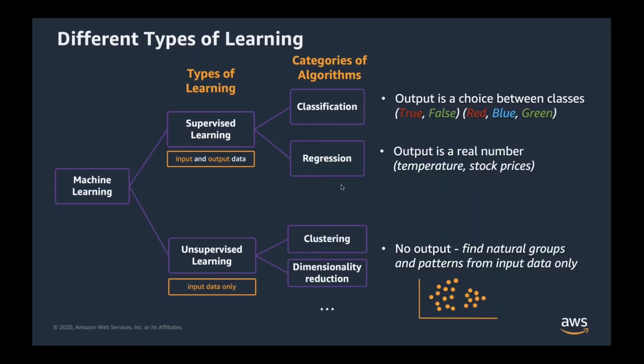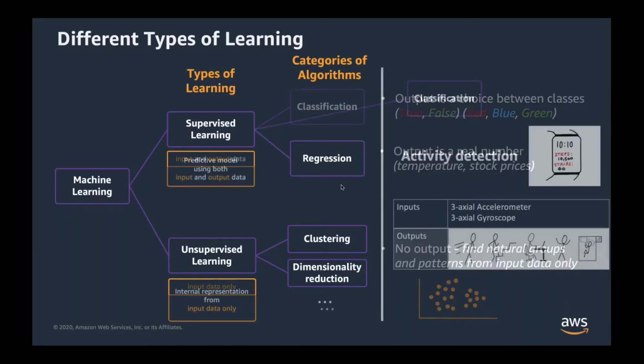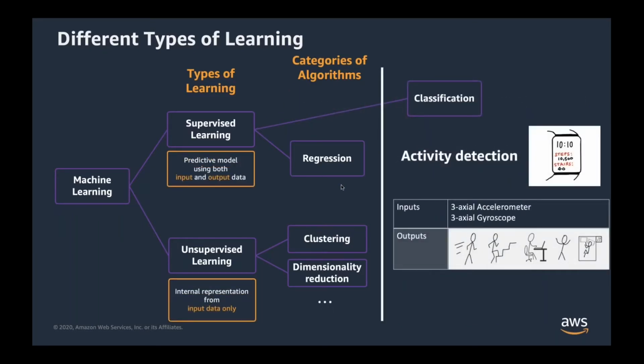Now, when it comes to unsupervised learning, you can look at the similarity of the attributes of your inputs, and then you can cluster based on that similarity. So just a couple more examples here. For classification, you can take advantage of things like the accelerometer and gyroscope in your watch and see if you're on the stairs or sitting down.